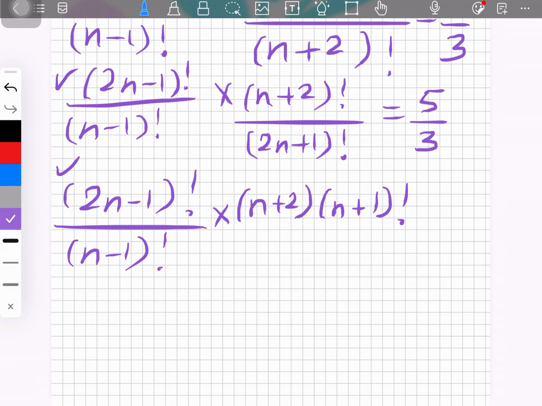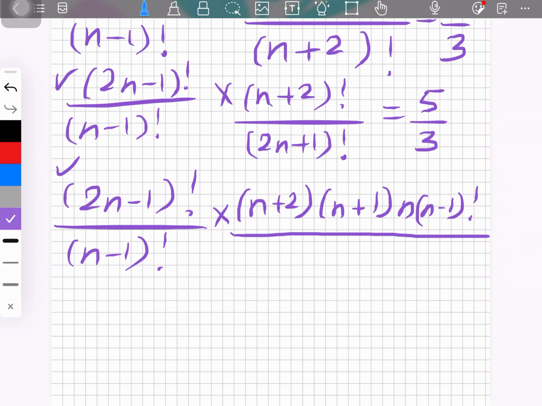And n plus 1 factorial can be written as n plus 1 times n factorial, and again n factorial can be written as n times n minus 1 factorial. And since we have n minus 1 in the denominator, we can cut this.